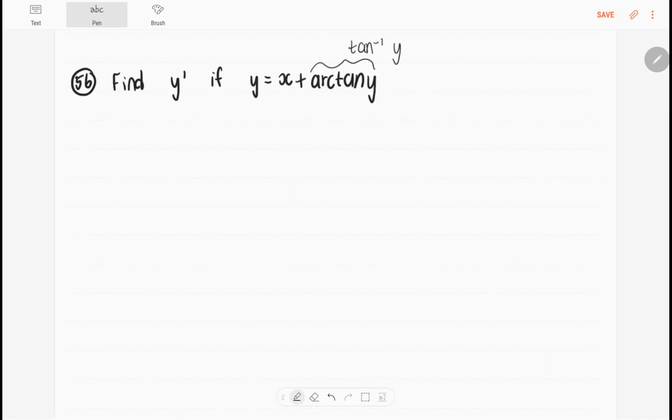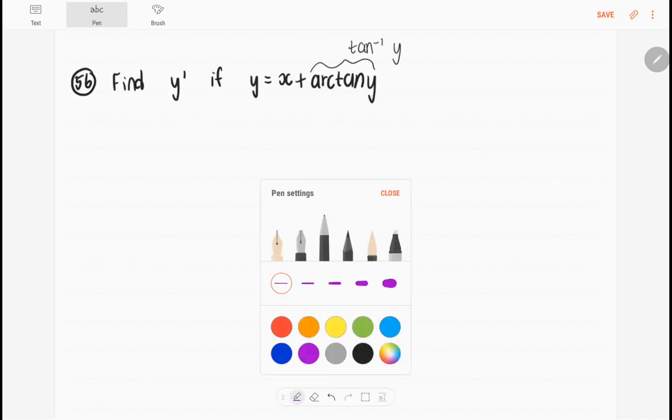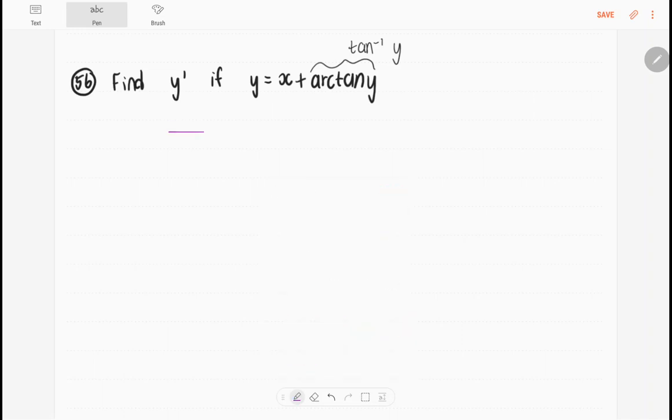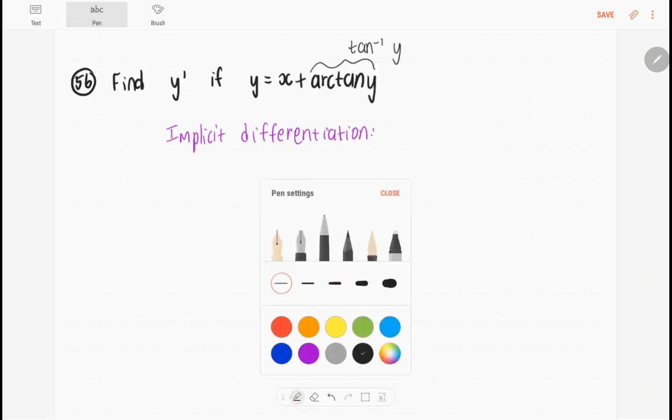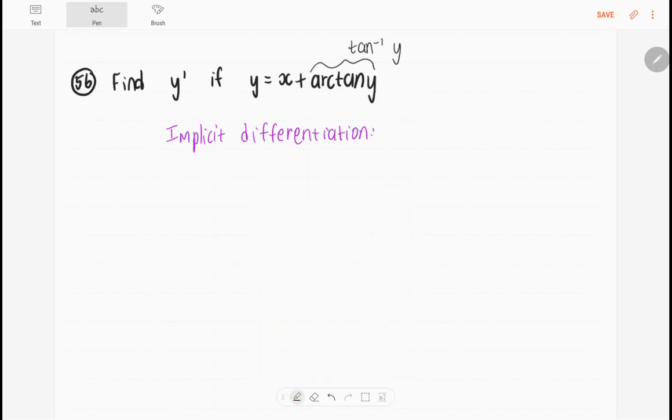So what do we do in a case like that when we are looking for a derivative? Well, we are going to apply implicit differentiation. So that means we are taking the derivative on the left-hand side.